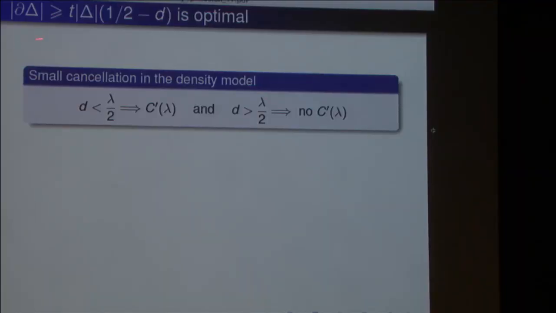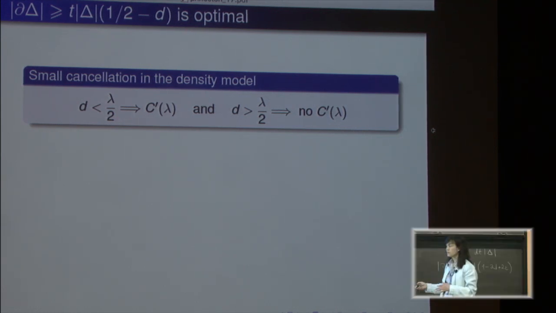Remember, we already proved what happens for small cancellation in the density model. This is a summary of what we proved: if the density is strictly smaller than λ/2, we have small cancellation, the classical one. If it is strictly greater, then we don't have it. This is what we proved using dimension, remember. Okay, so let us use this.